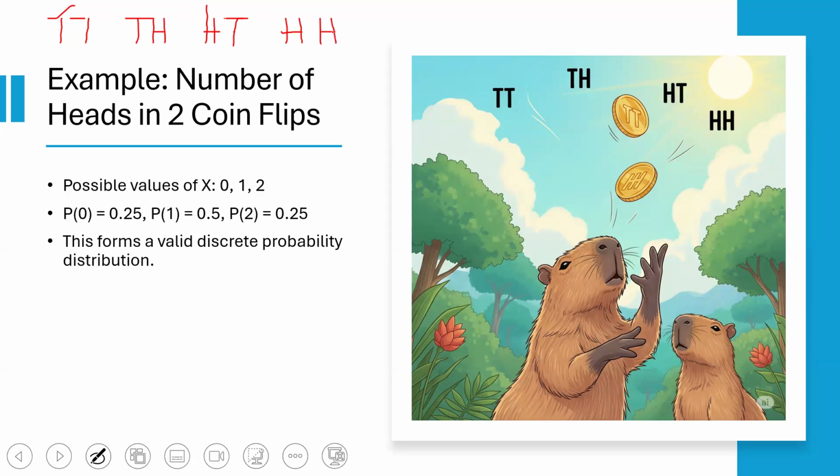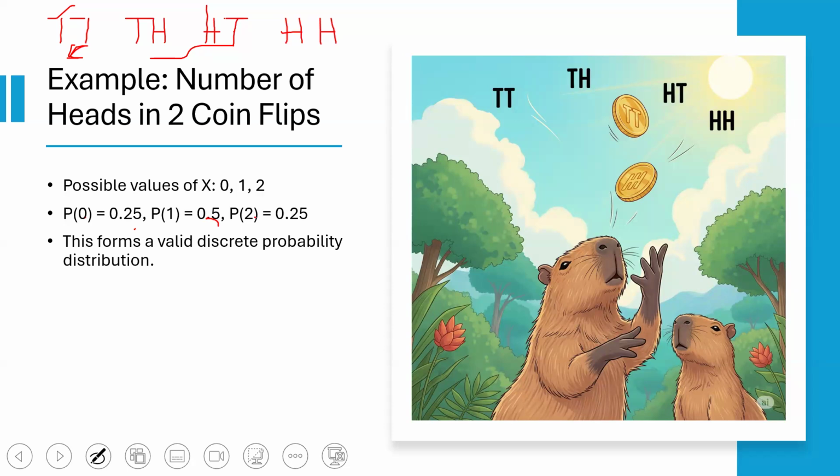So the probability of 0 heads only happens 1 out of 4 times. 1/4 is 0.25. The outcome of 1 head happens twice out of 4. 2 out of 4 is 0.5. And the probability of 2 heads happens once out of 4 times.